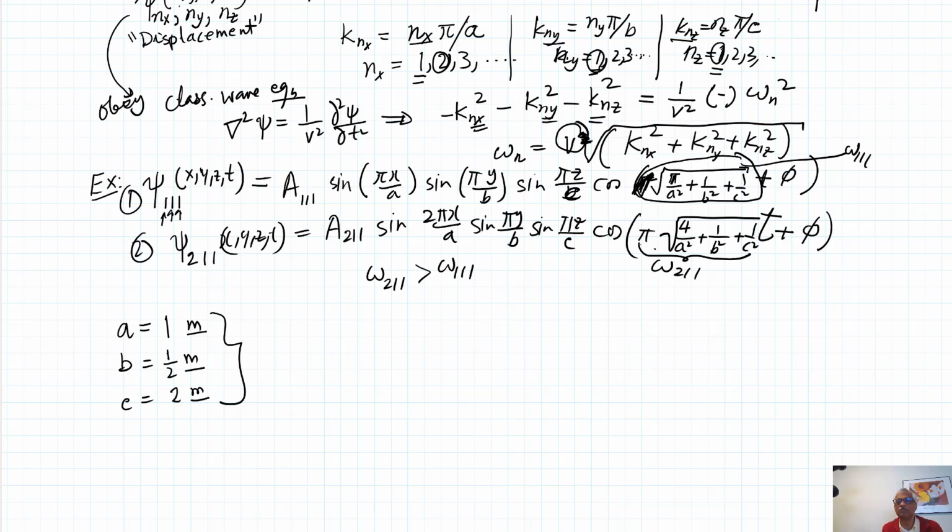There's a v here, and there's a v here. Let's say v is equal to, let's pick a nice number, 5 meters per second.